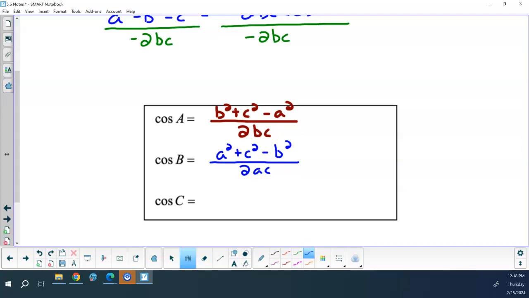To find the cosine of C, I could swap positions with b and c: a squared plus b squared minus c squared all over 2ab.